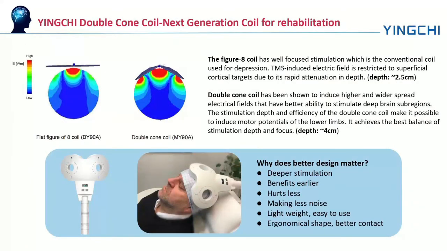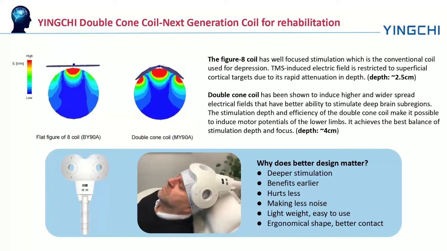So what's the difference between the flat figure-of-8 coil and the double cone coil? They are both focused stimulation, but the double cone coil can stimulate deeper, with a depth of about 4 centimeters. And why do we need this ergonomic design?